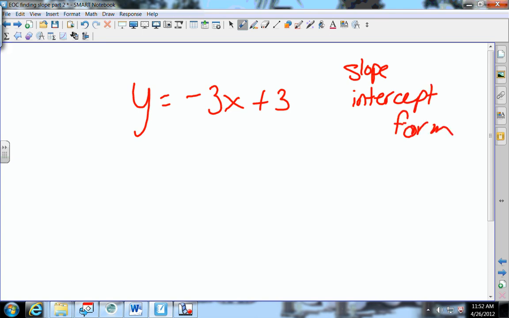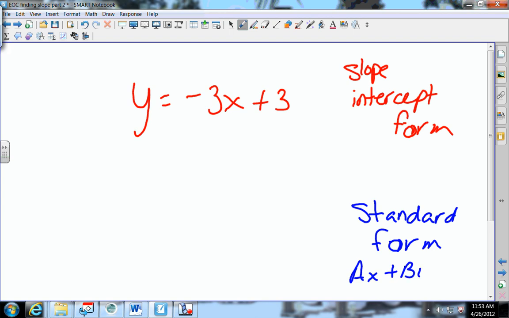Let's go back and let's try and remember, how do we change this into standard form? What the heck is standard form? It's ax plus by equals c. So what it means is I need to move this back around to get the x and the y on the same side. So right here, the y is already over there, right?